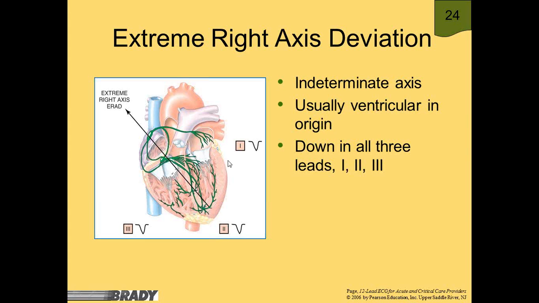And so looking at lead 3, it's wide and negative. 2 is the same. 1 is also wide and negative. All 3 of them look like V's, and that is because this is a ventricular rhythm. Most commonly, you're going to see this as V-tach. Okay, so we see that there's just this block here. It's not getting through, so the ventricles are having to produce their own electricity.